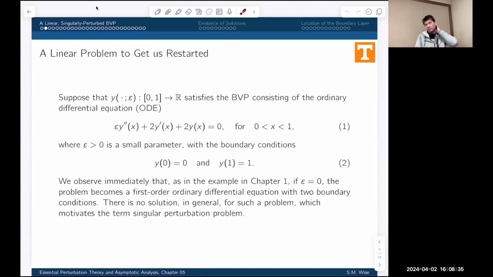Is there any particular reason that we choose boundary value over initial value? Both exhibit boundary layer phenomena, and they're intimately related to each other.